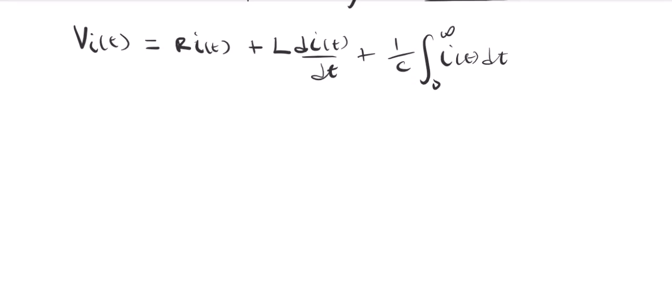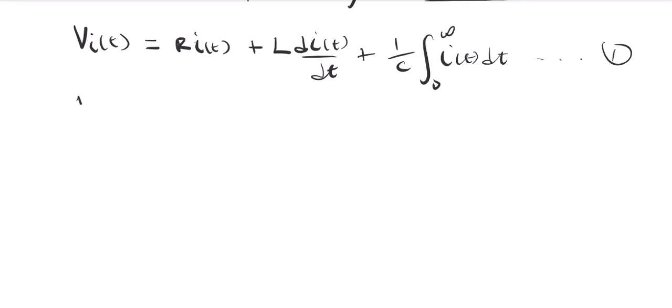Now this is the equation of the circuit. We don't have a second equation, so no need of labeling it. From here we use the Laplace transform to transform to the frequency domain.